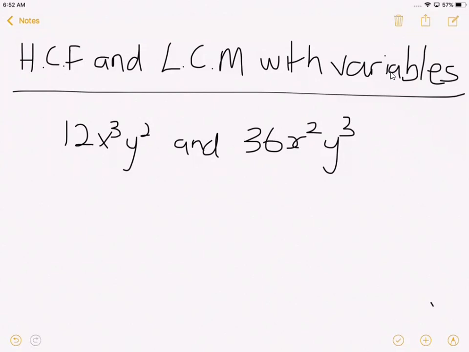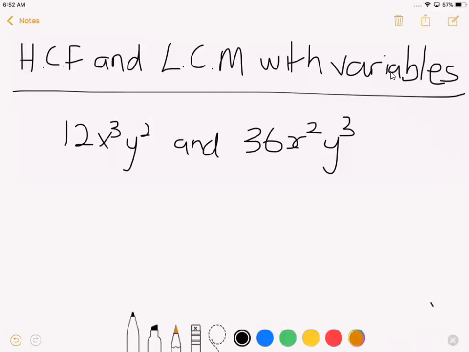Let's do that. 12, I'm going to do prime factorization. If you don't understand this, you go back to the video on prime factorization, because here I'm not going to explain because it's covered in the previous video.